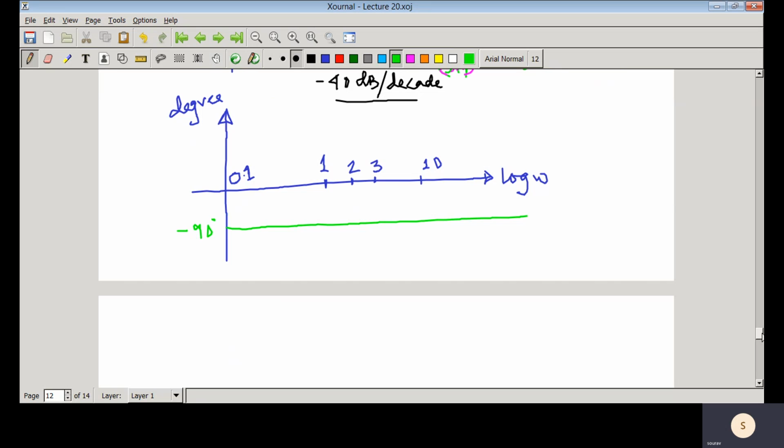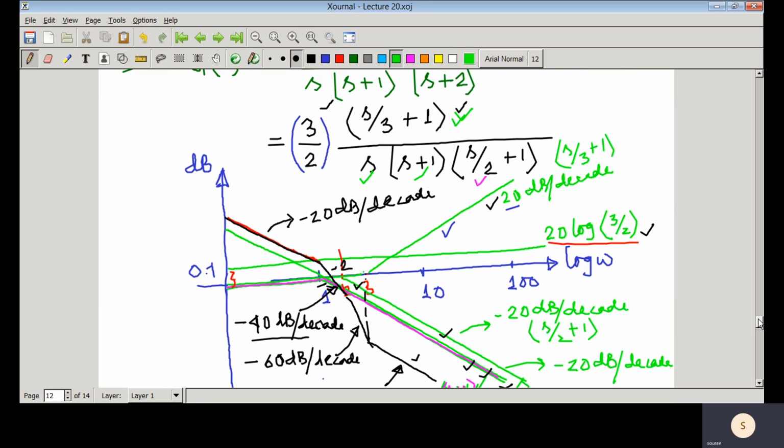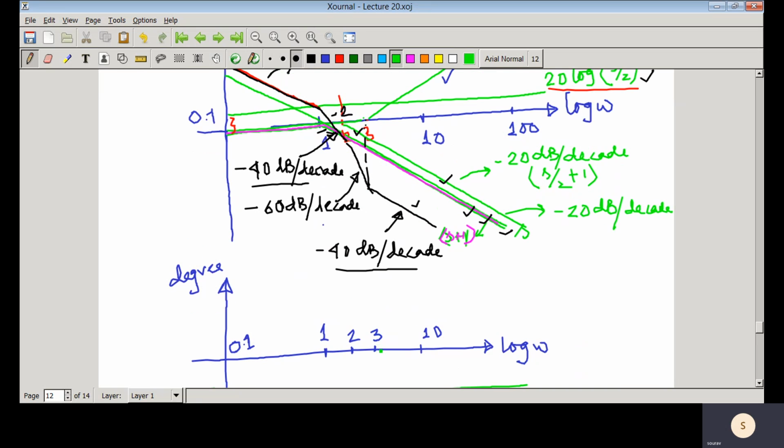Now what happens in case of this S by 3 plus 1? At 3 we have minus 45 degree, and that would be the 90 degree change.